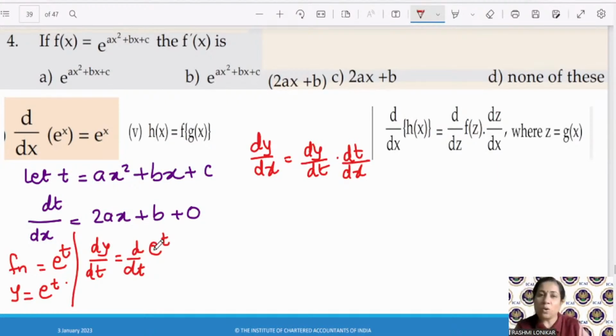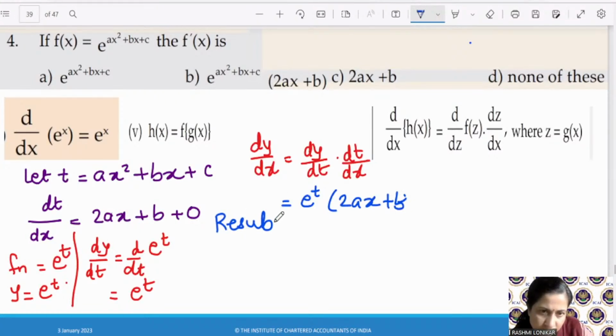I already know the derivative of e raised to t is e raised to t. So dy by dt is e raised to t. How much is dt by dx? It is equal to 2ax plus b.